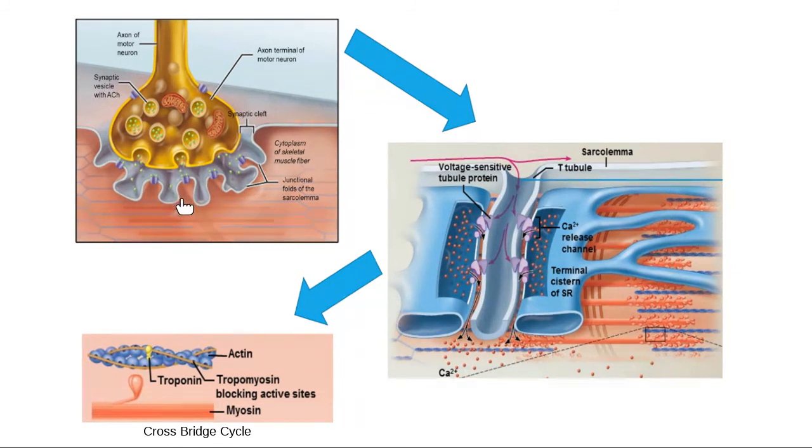So big picture, when we talk about muscle contraction, we're talking about something called excitation-contraction coupling. That's biggest picture. How does muscle contraction work? Biggest picture how it works is what we call excitation-contraction coupling. Now, this sounds really scary and really crazy, kind of like the central dogma. Let's break it down so it's not quite so scary.